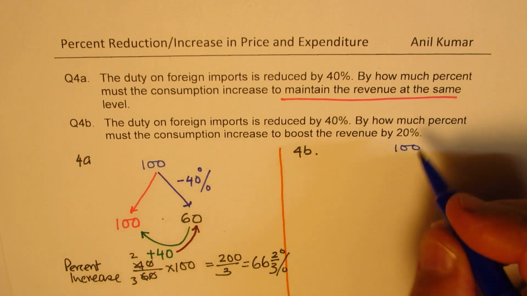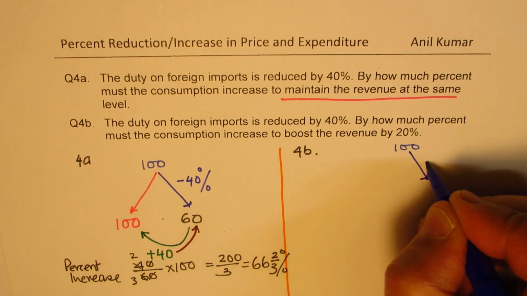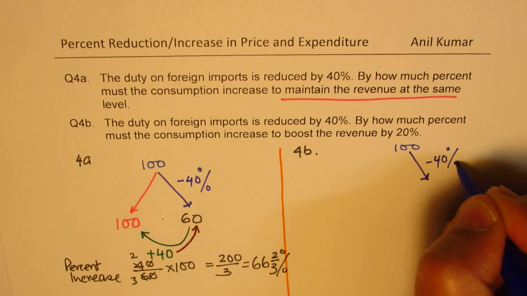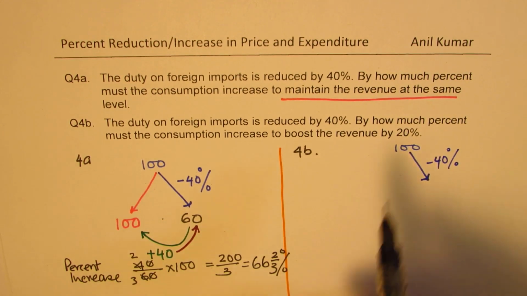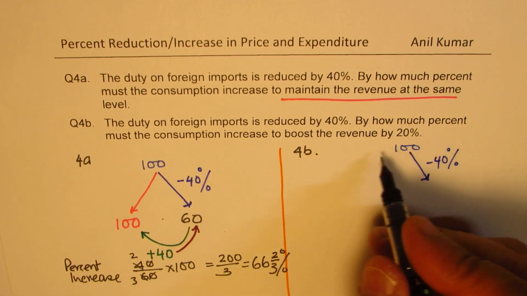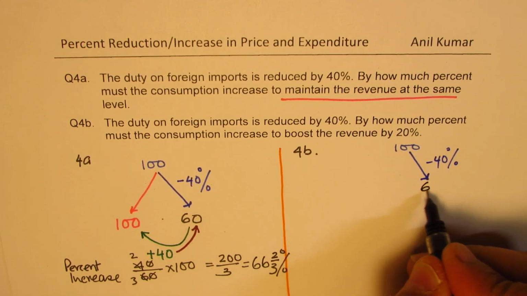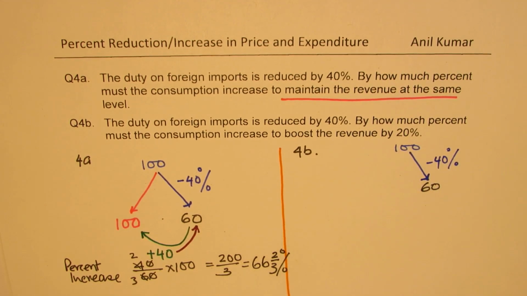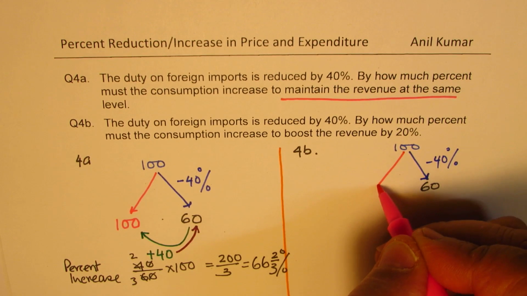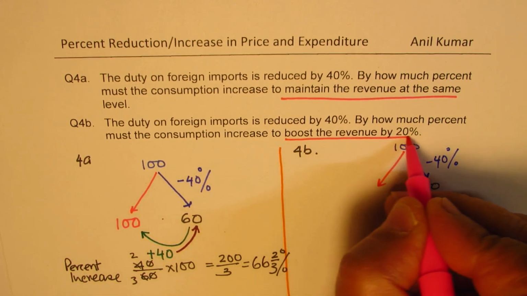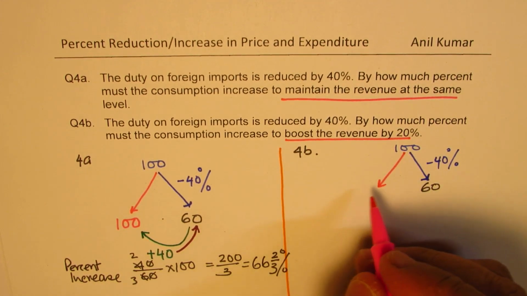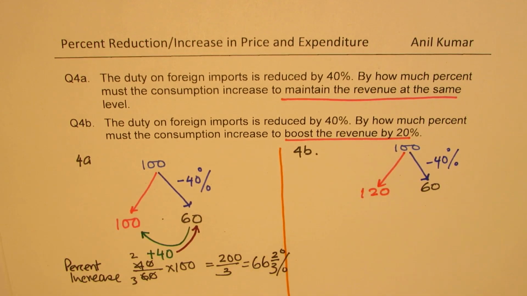We still have this reduction in the duty by 40%, which is going to bring down the amount from 100, that unit of 100, to 60. But what we want now is to boost it by 20. That means we want to make it 120.